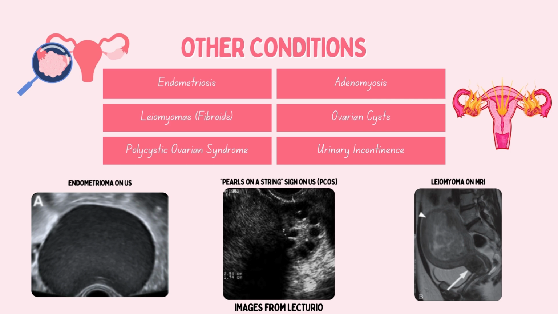And then what I have a photo of here is an ultrasound image of an endometrioma, which often involves the ovaries. And it's large enough to be considered a tumor. It's usually filled with old blood, which is why it's called a chocolate cyst.